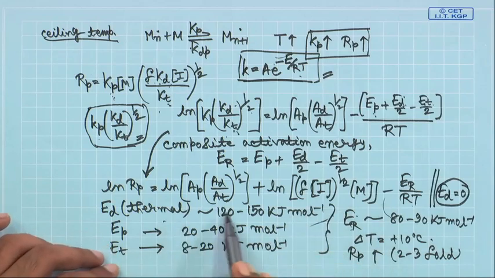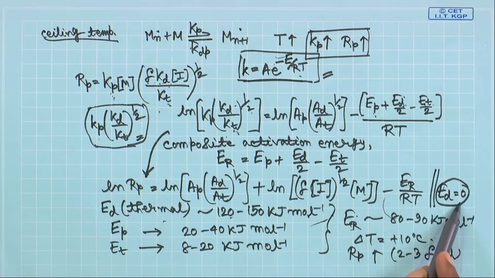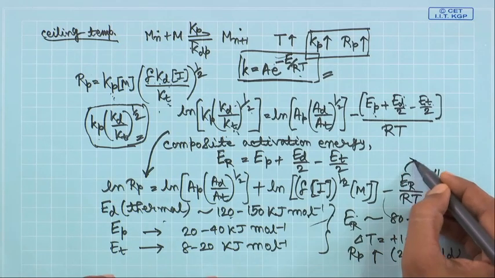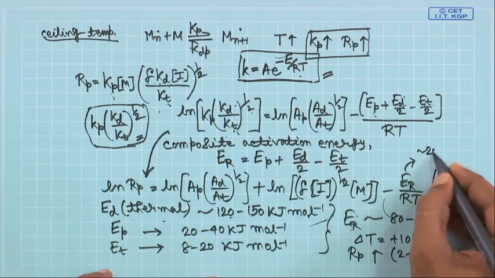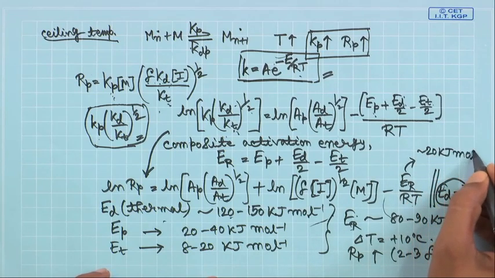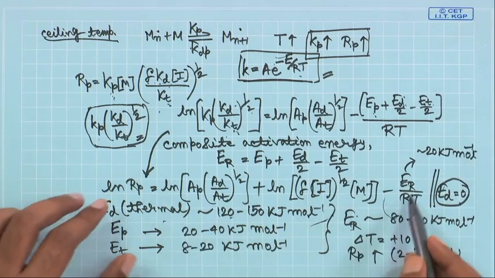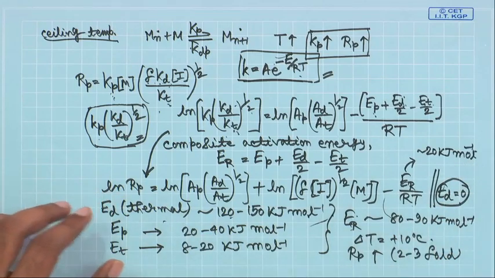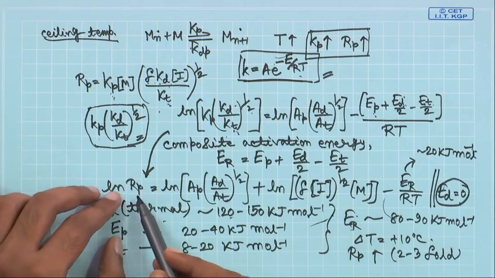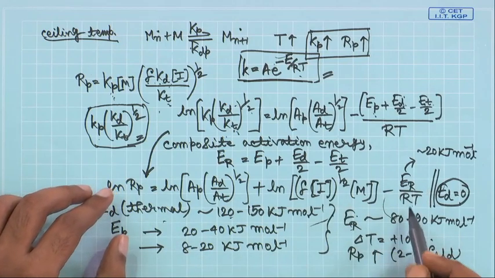For thermal it is around 120 to 150 kilojoules per mole, for photochemical it is close to 0. So, for photochemical, this ER will be approximately 20 kilojoules per mole. I mean it is not 0, but it is a low value. So, that means the temperature dependence will be very less, and this rate of polymerization will be almost insensitive to temperature.